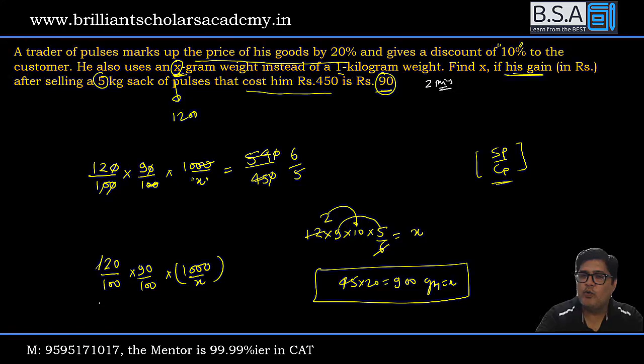So if you know chain rule, I'll count it for you. If you understand what is chain rule, this is your first step of solution, this is your second step of solution, and the third step is the answer.